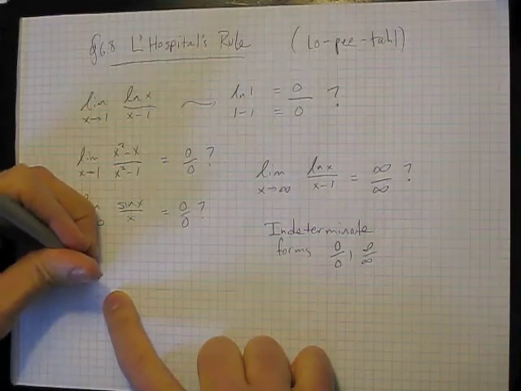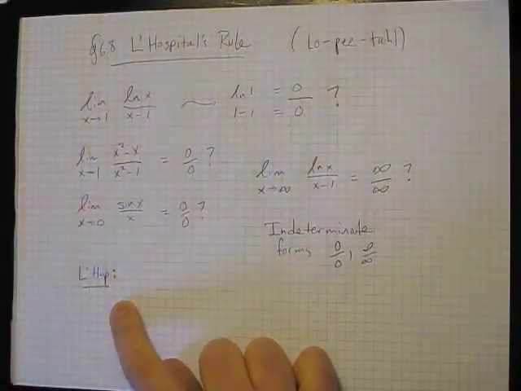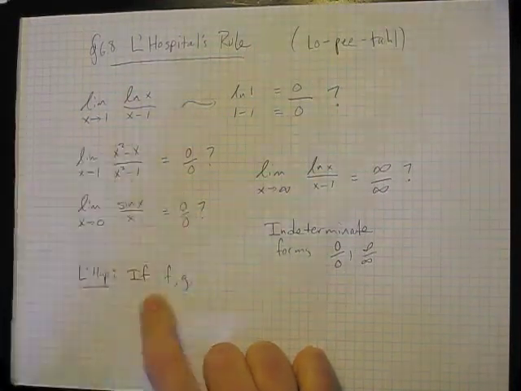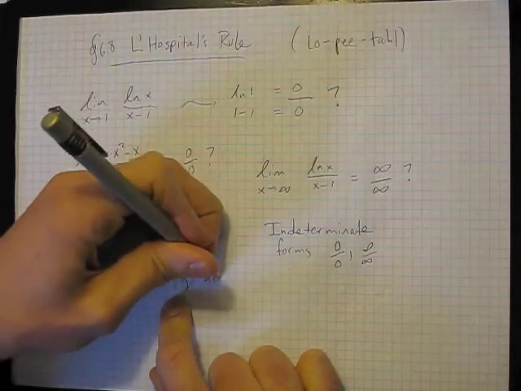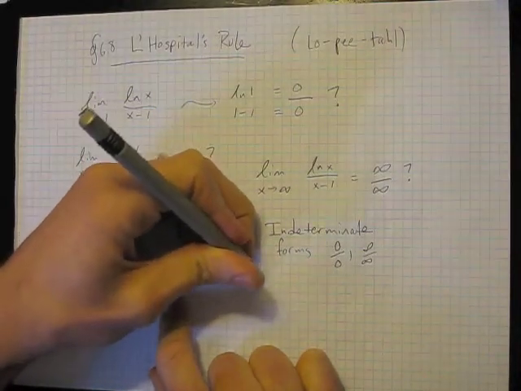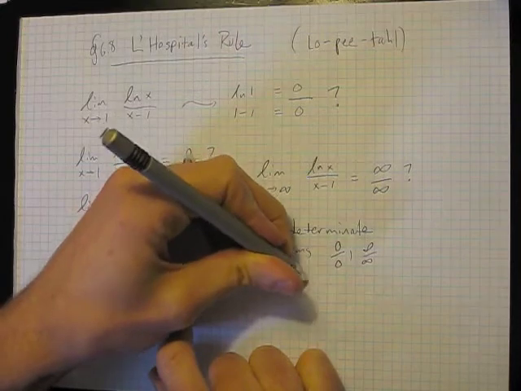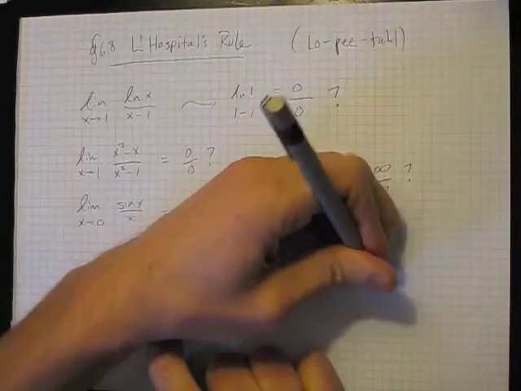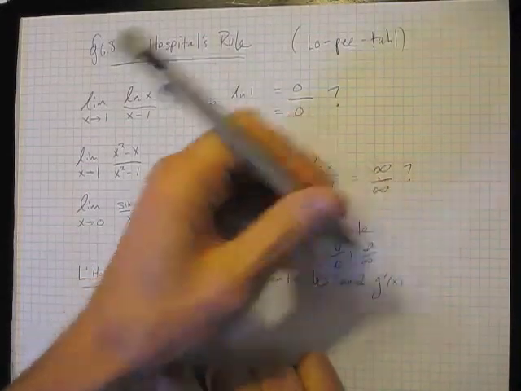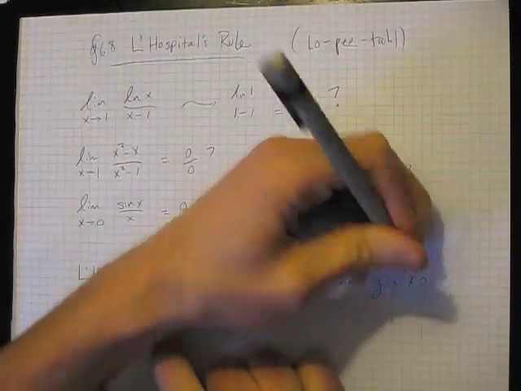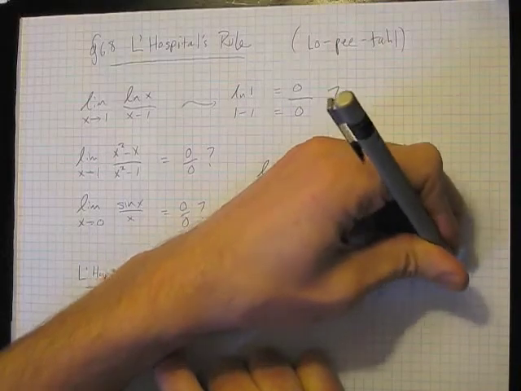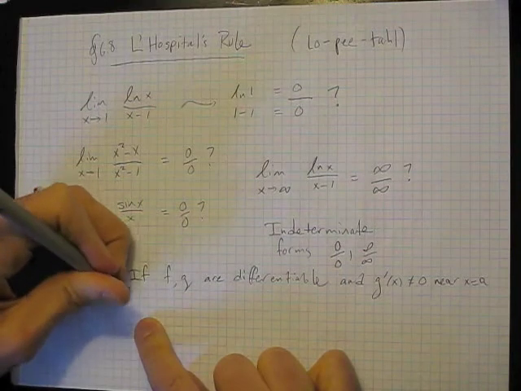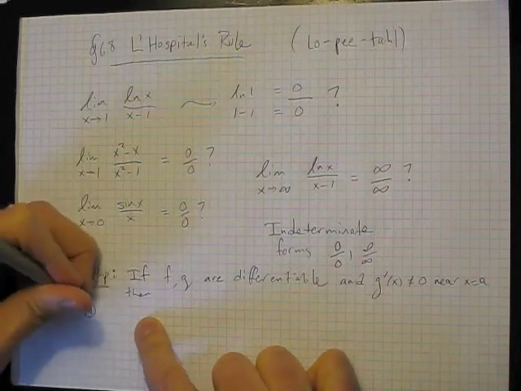It says that if f and g are two functions that are differentiable, so we can take their derivatives, and g prime of x is not equal to 0 near x equals a, then we have two situations.